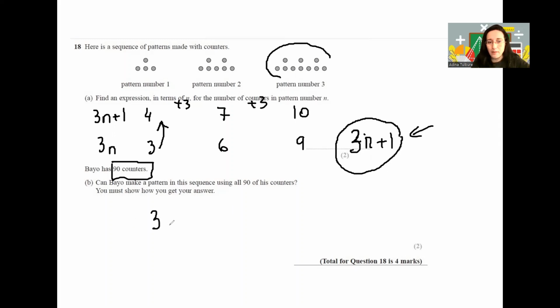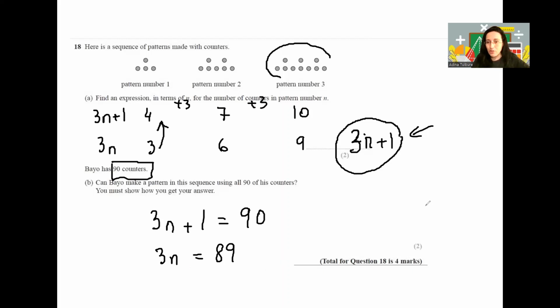Let's check. So 3n plus 1 is 90, correct. Okay, so 3n must be 89 because 89 plus 1 is 90, okay? But when you divide 89 by 3, do you get an integer? Do you get a counting number?